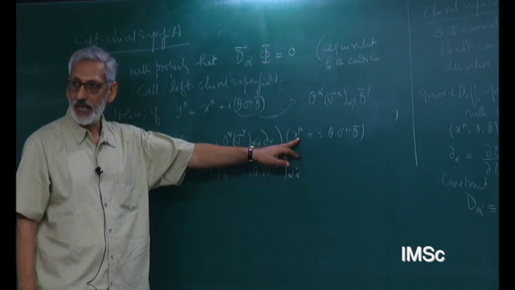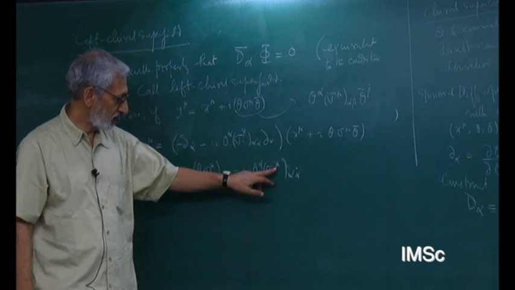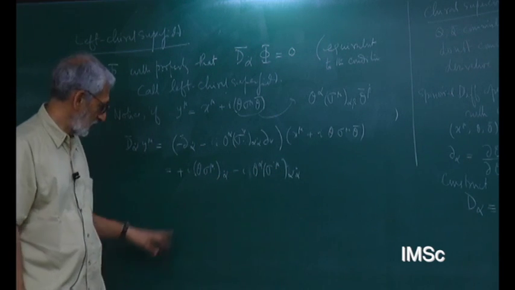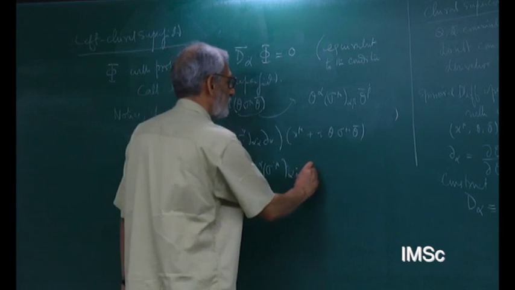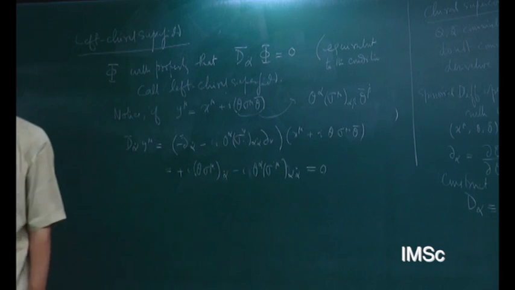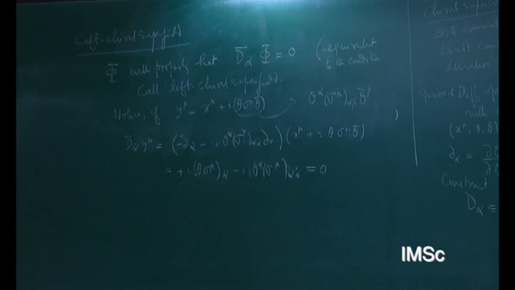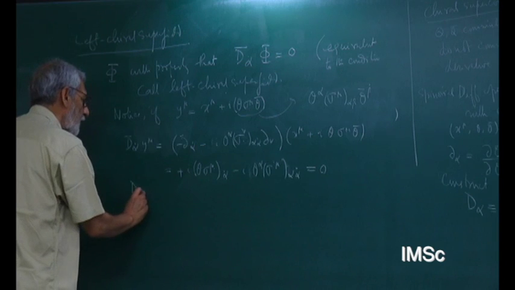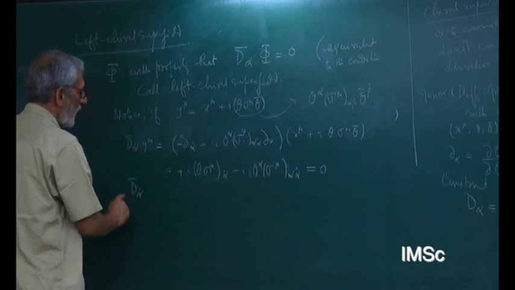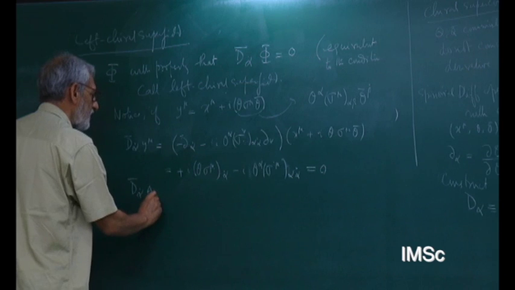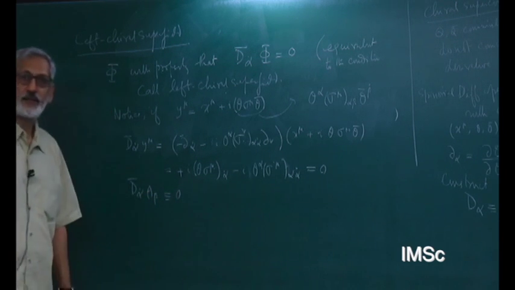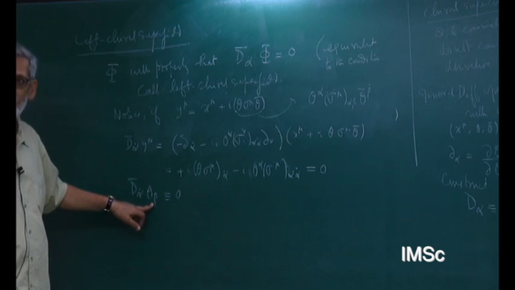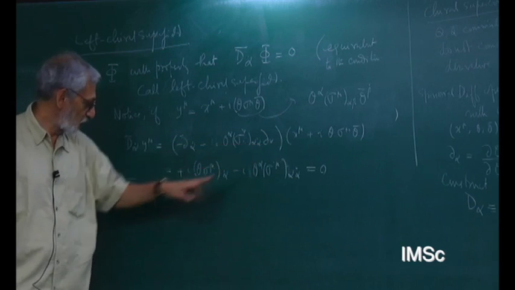D nu acting on x mu gives me delta mu nu, that makes this nu into mu, and that's it. So these two are the same. Not only that, if I operate d bar alpha dot on theta beta, that is also identically 0, because this is a bar derivative. A bar derivative on this object is 0, and d nu acting on this object is 0.